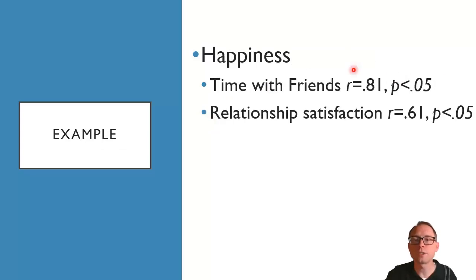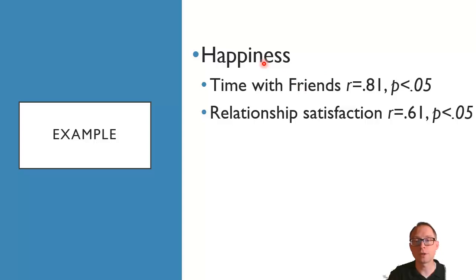All right, so let's take a look at this. We have an outcome variable. This is going to be our outcome variable, happiness. Let's say we have a happiness scale, for example. When we're doing bivariate correlations, we're looking at one variable against happiness. So for example, time with friends, how much time you spend with your friends. Let's say that this right here, R equals 0.81, is the bivariate correlation, the Pearson's R, of time with friends and happiness.